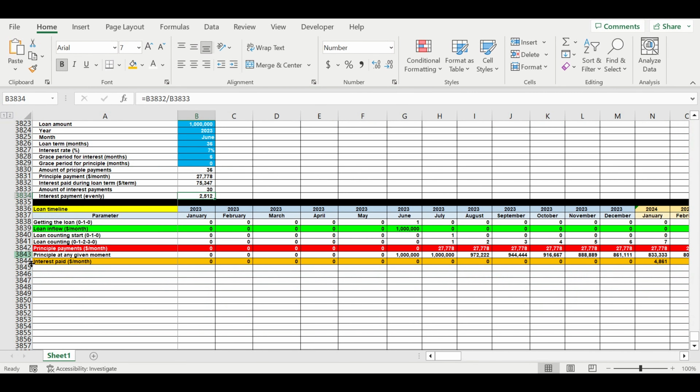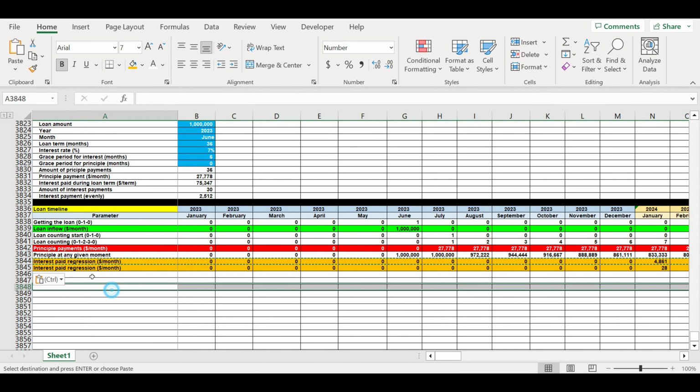So the next line, interest paid, let's say regression, and here I will name the other one interest paid evenly.